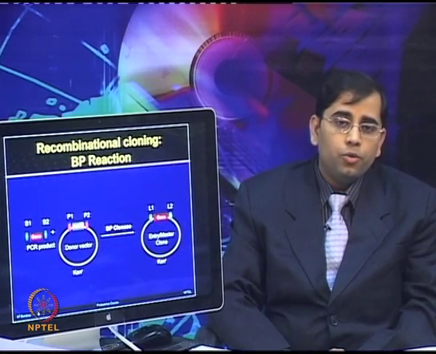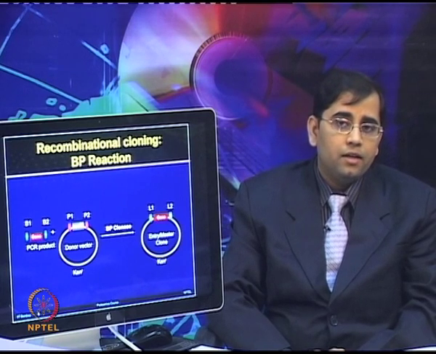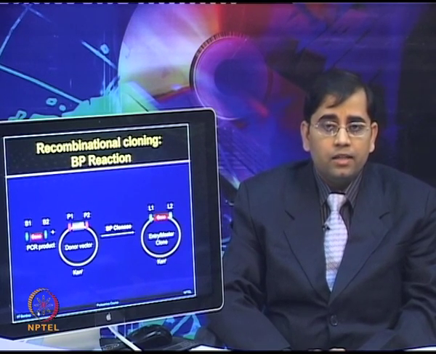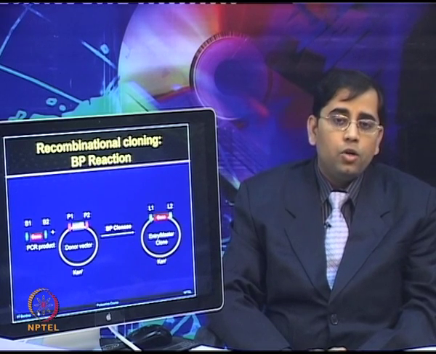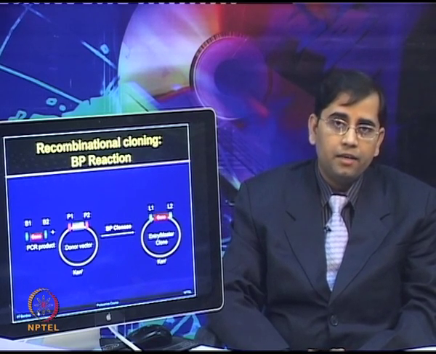So, the entry or master clone is a vector containing the gene of interest flanked by attL sites. This happens after this reaction is completed. Now, the recombination between attB and attP sites is catalyzed by an enzyme known as BP clonase.